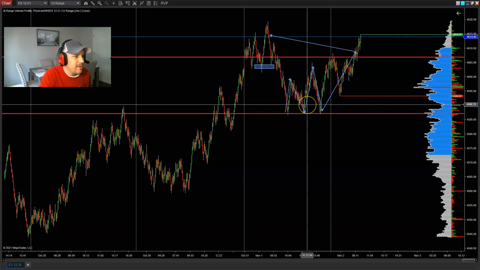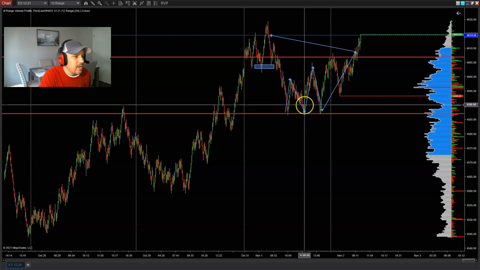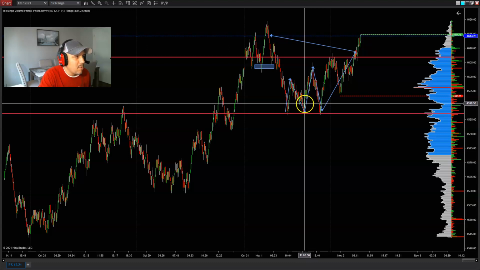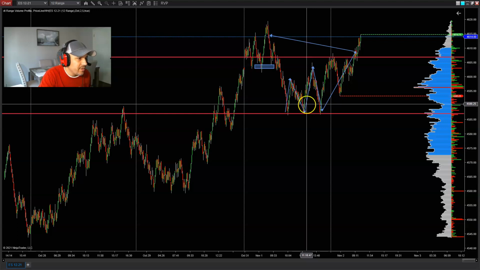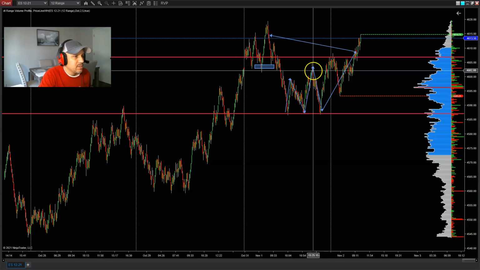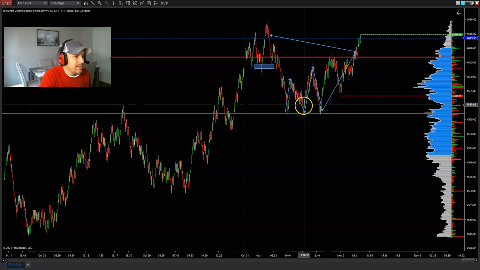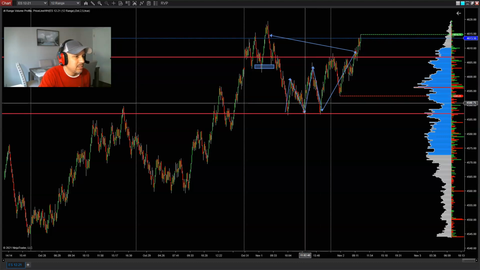Did it come back down on the pullback to this area right here where more buying took place? No, it did not. So there's an area to fill here that price needed to come back down and check, which in a sense created more demand. So price pushed up, it needs to come back down there and test that area, and it did.